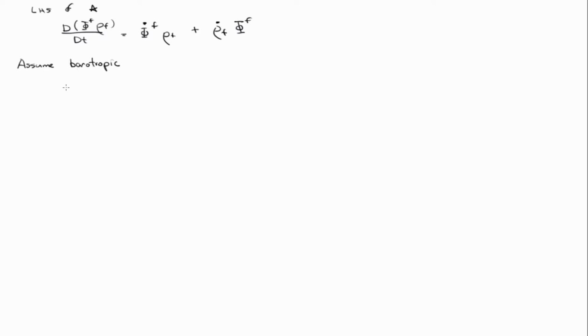So this assumption is that the density is only a function of what? Pressure. Okay. So then if we want to take the time derivative of this guy, using the chain rule, we'd get partial rho partial p, dp dt. Okay.